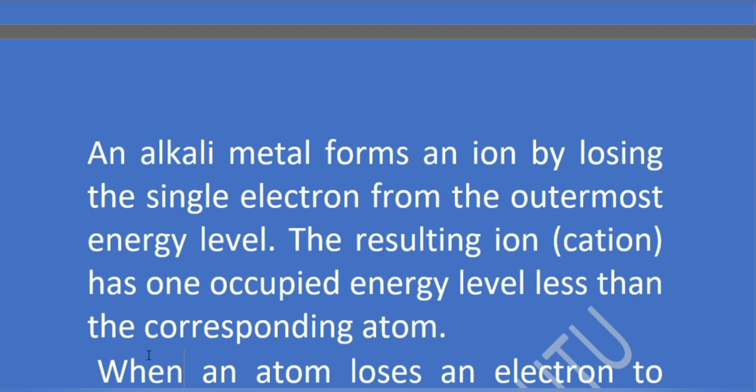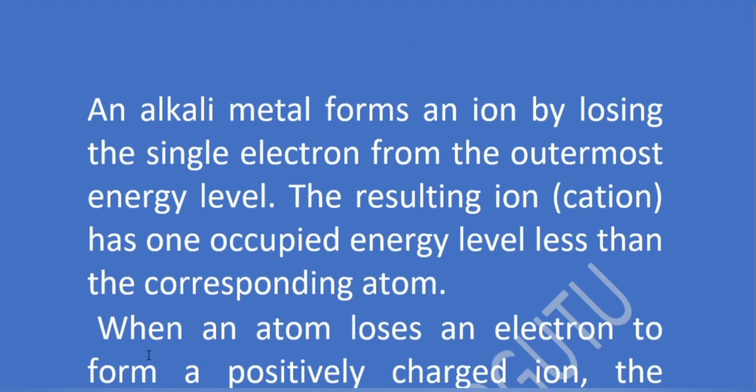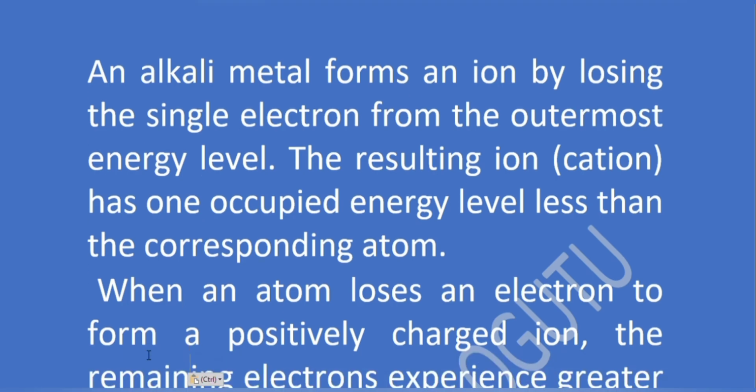The ionic radius of an alkali metal is less than its atomic radius. An alkali metal forms an ion by losing the single electron from the outermost energy level. The resulting ion, which is now the cation, has one occupied energy level less than the corresponding atom.